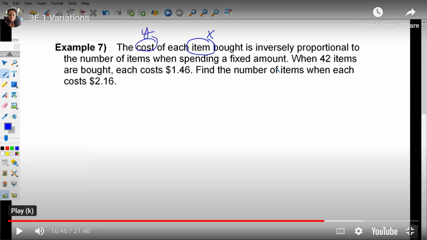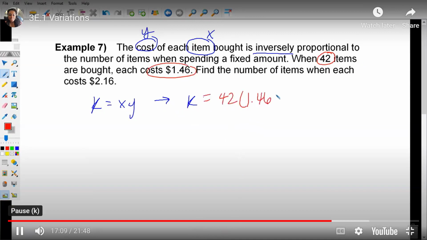All right, let's see how we did. So your K should equal X times Y in this case, so it'd be 42 times $1.46. What is 42 times $1.46?